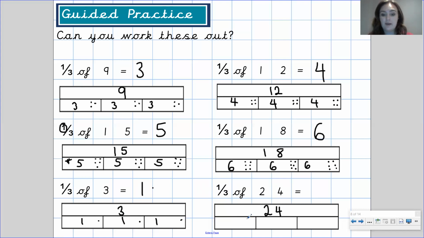So let's do that together. 1, 2, 3, 4, 5, 6, 7, 8, 9, 10, 11, 12, 13, 14, 15, 16, 17, 18, 19, 20, 21, 22, 23, 24. So what are we going to be putting into each part?